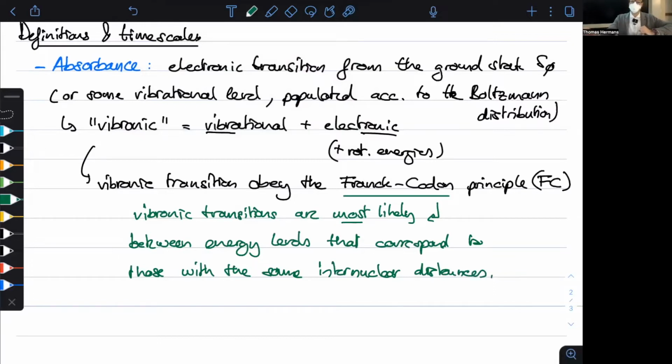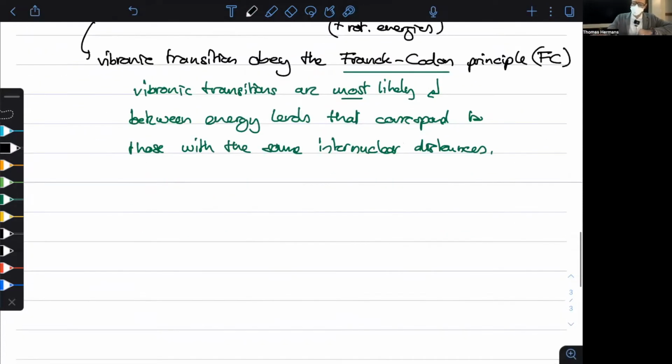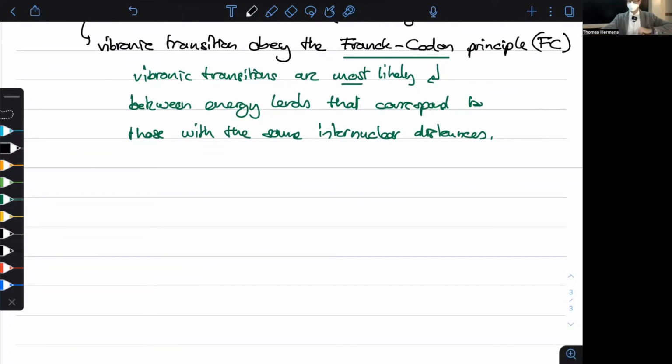And now you are like, what does that mean? It is strange, right? Vibronic transitions are most likely between energy levels that correspond to those with the same internuclear distances.